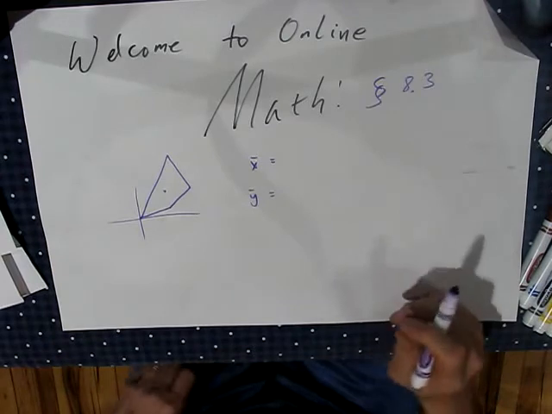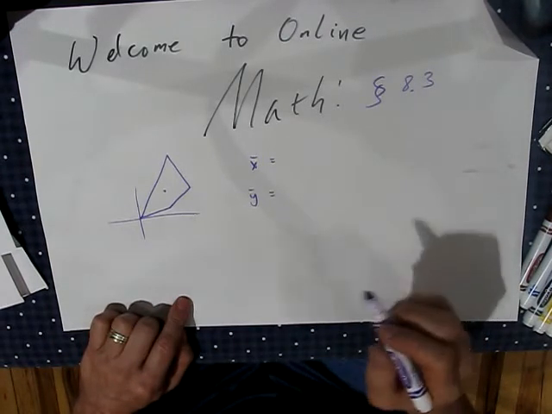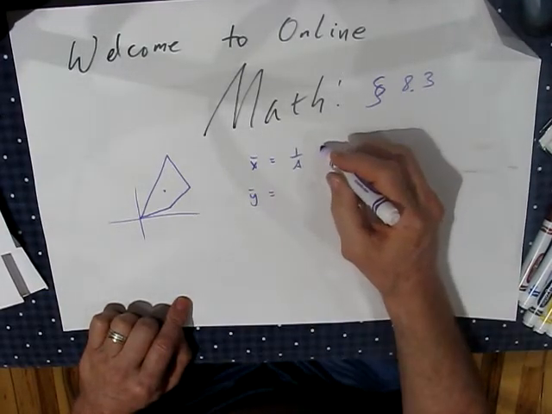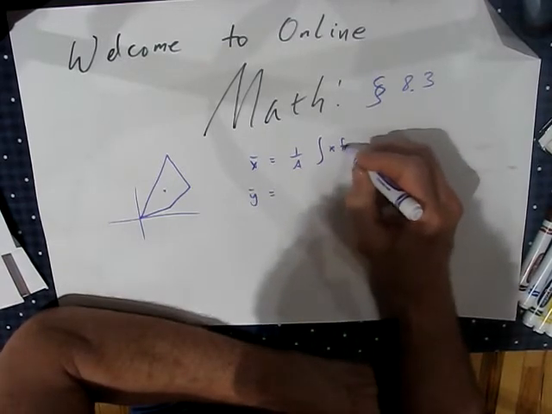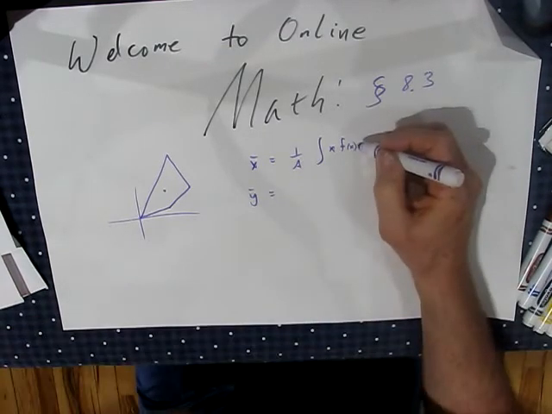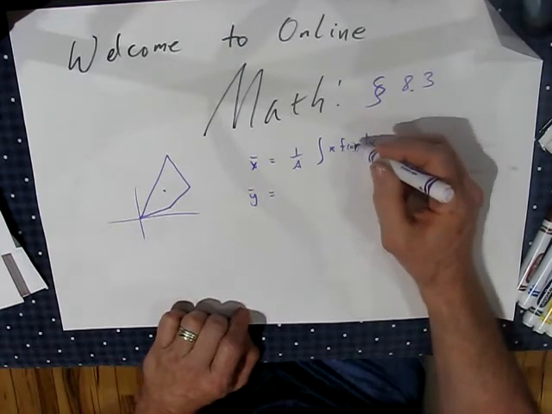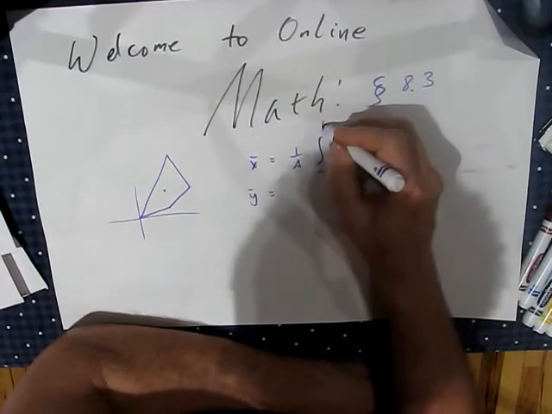Both of these formulas are quite similar. They are derived in the same way. But let's begin with x bar, 1 over a, then we have to do an integral, and the integral is quite simply going to be x times f of x dx. This integral takes place over some specified region in which this exists.